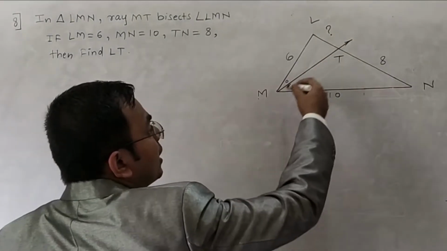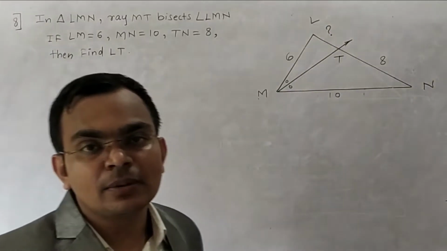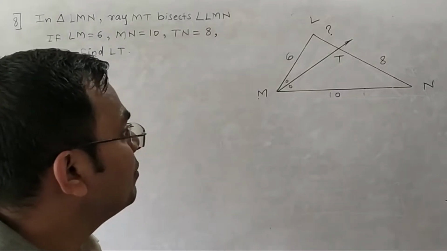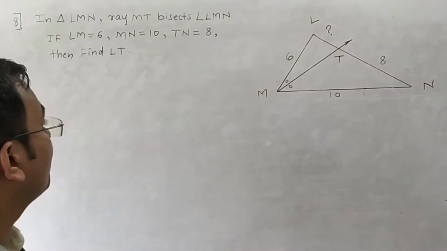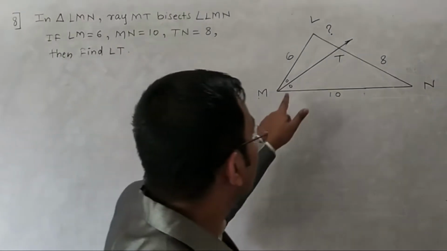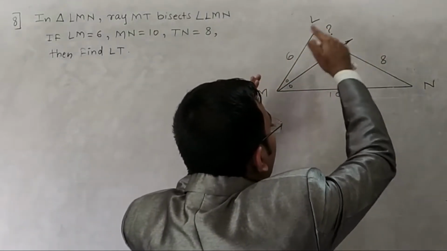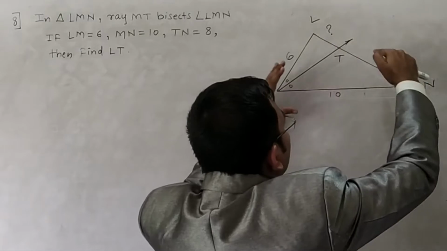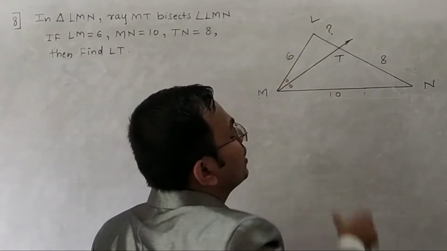So here bisector of angle is given. So we can use angle bisector property in this sum, and we can get LT. In angle bisector property, the bisector of an angle divides the side opposite to the angle in the ratio of the remaining sides.